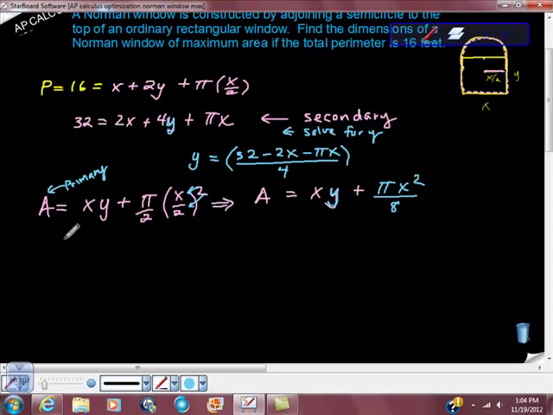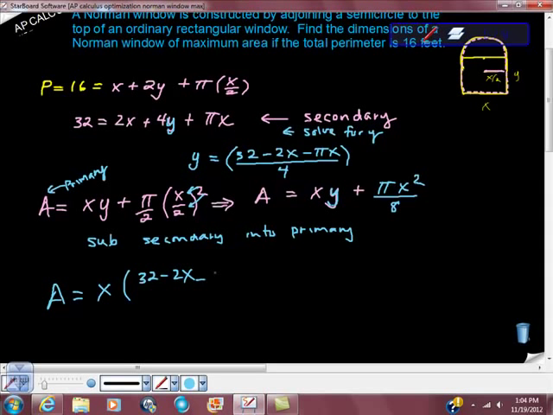Now I'm going to sub the secondary into the primary. So now what we have is area is equal to x times 32 minus 2x minus pi x over 4, wouldn't we? That gives us this part right here.